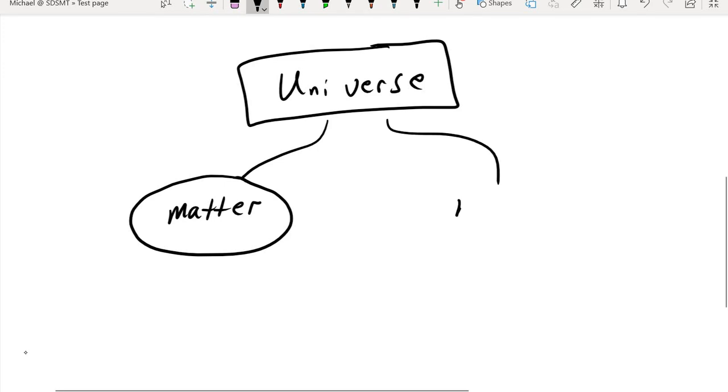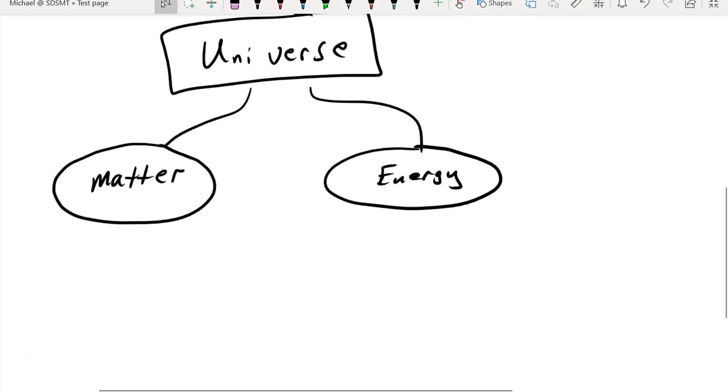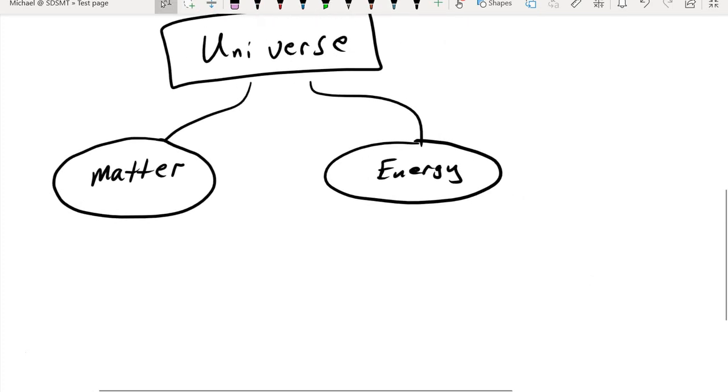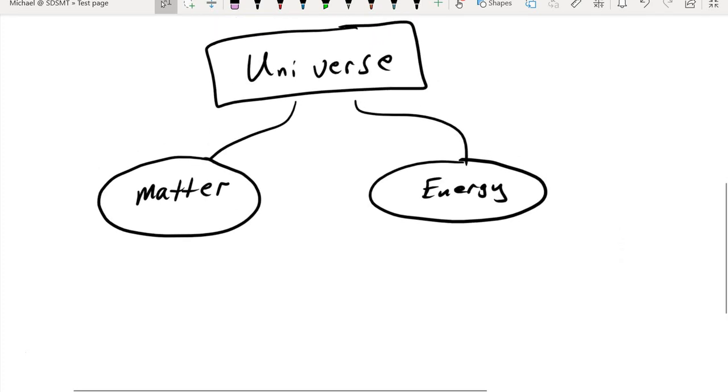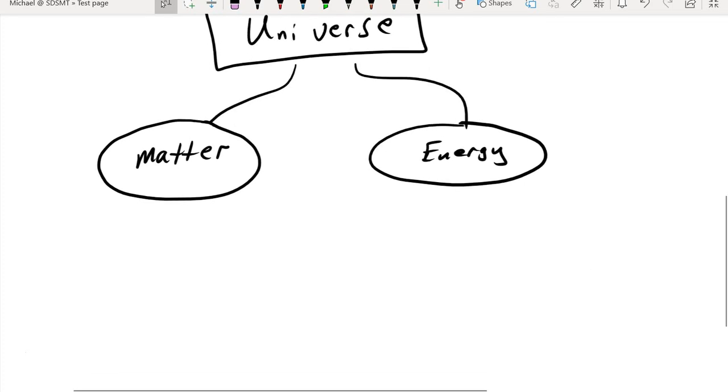And then the other thing is energy. Likewise, there is a theory behind something called dark energy. In some advanced physics courses, you can have negative energy, but again, we're going to clump all of that together into that one category. So for the entire universe, we have two things that we can basically study. We can study matter, or we can study energy.